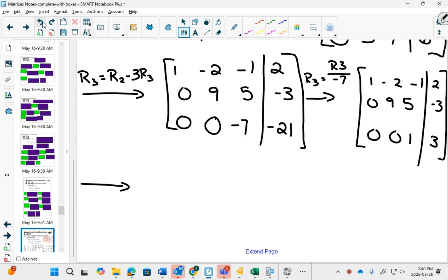So to make the 0 in row 1, can you see that you could just do row 1 plus row 3? And to make the 0 in row 2, I could just take row 2 and minus 5 row 3s.